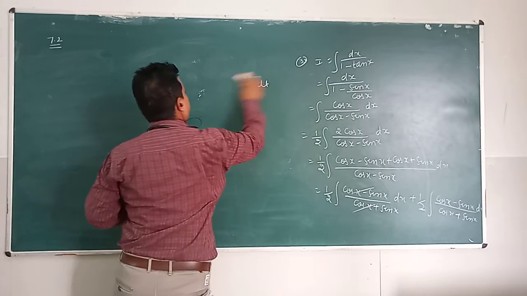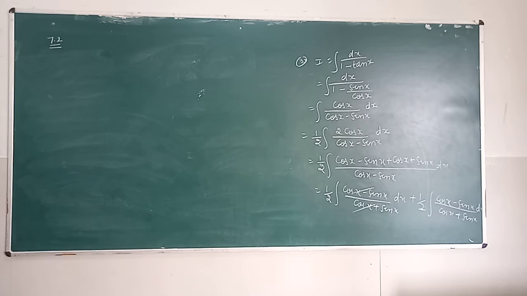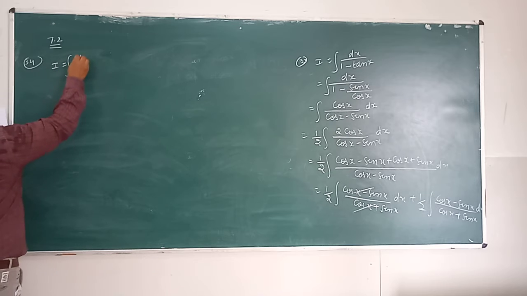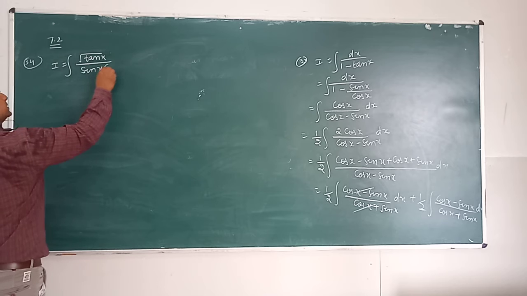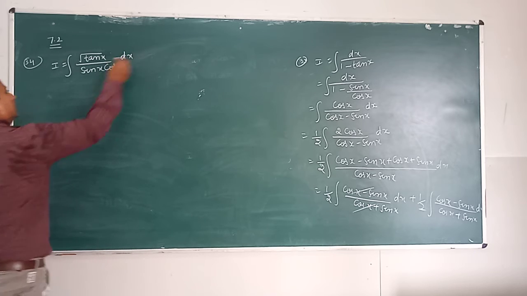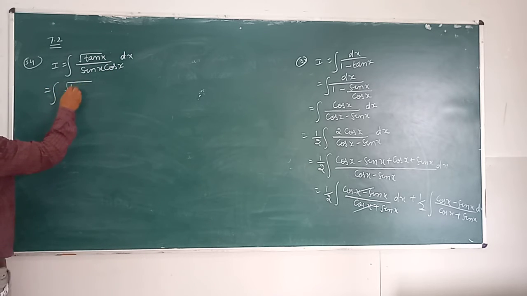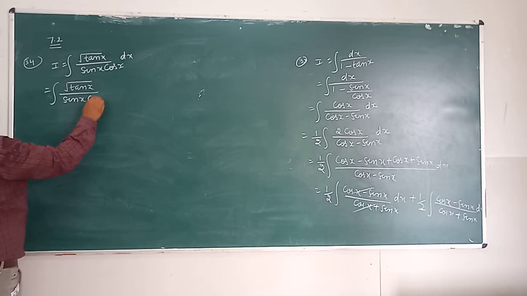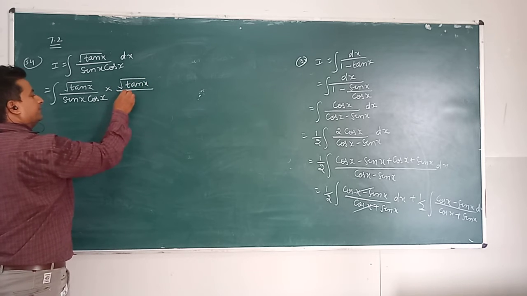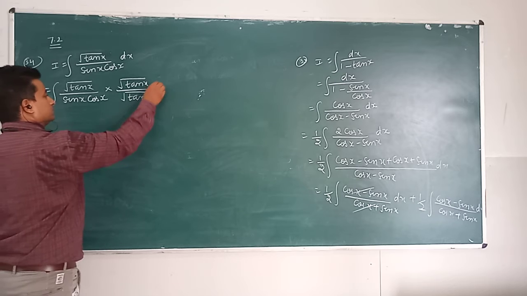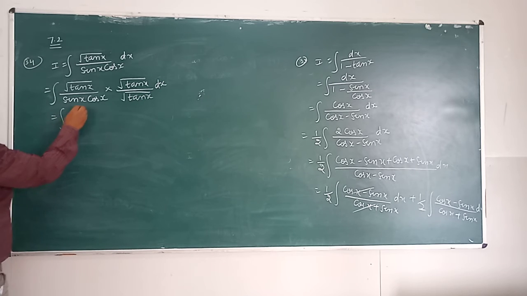In the next question, question 34, the statement is I is equal to under root tan x upon sin x into cos x. First we multiply and divide this by under root tan x. So in the numerator there is root tan x times root tan x, which is tan x.